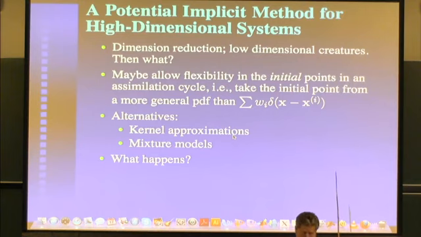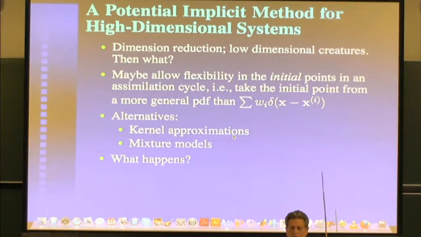Well, maybe if I look back one assimilation cycle, now that I have observations, I look back and I allow my particles back at the beginning to change. Then what? Well, I'm going to assume some probability distribution for the particles at the beginning of the assimilation cycle.